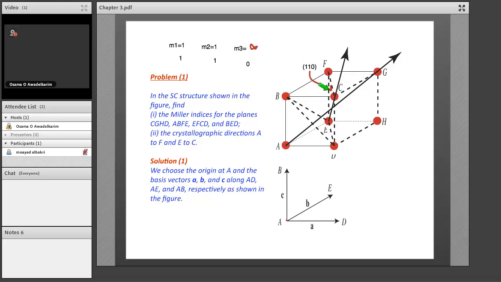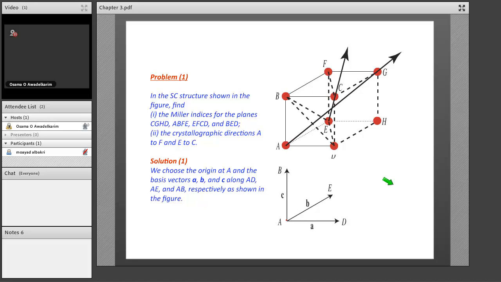Okay? Now we come to the third plane, which is BED, this triangular plane. As you can see immediately, this plane has intercepts.